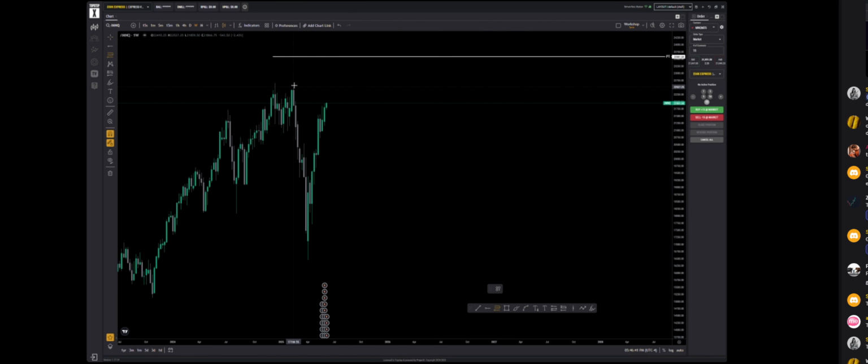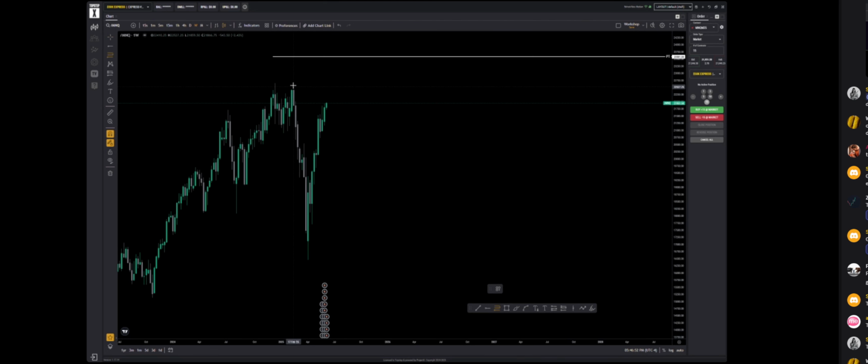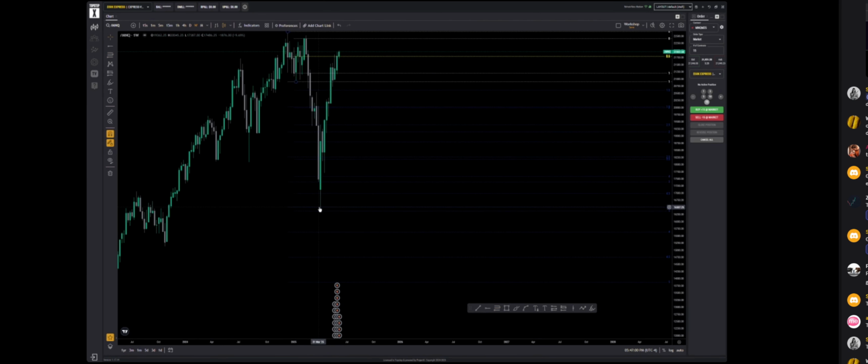So the consolidation low to high, body to body. This is where, yeah, same thing around the middle point, and that's how I got it.